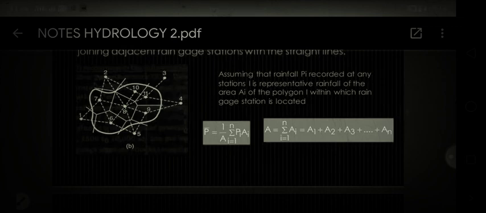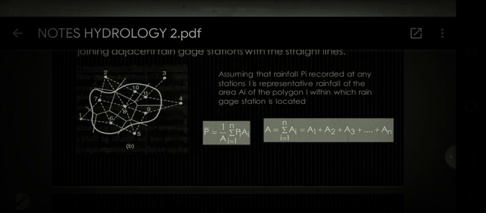Compared to the arithmetic mean method, here we have to multiply by the weightage factor, that is the area. First we divide the area into a bunch of triangles as per the stations, and then give the weightage factor Ai.